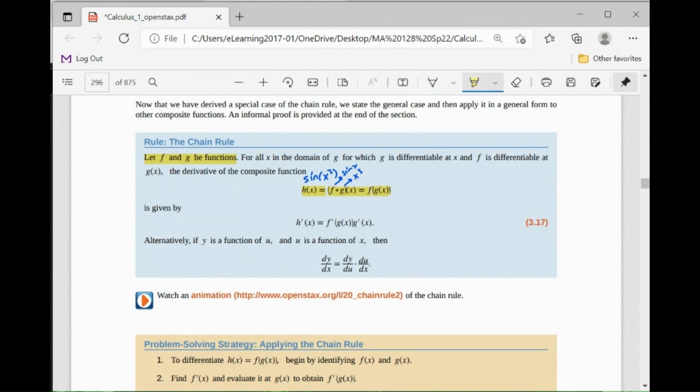So the derivative of this expression, so here comes our rule, this is the chain rule. It tells us that the derivative of the h function is equal to the derivative of the f function evaluated at g of x times the derivative of the g function.